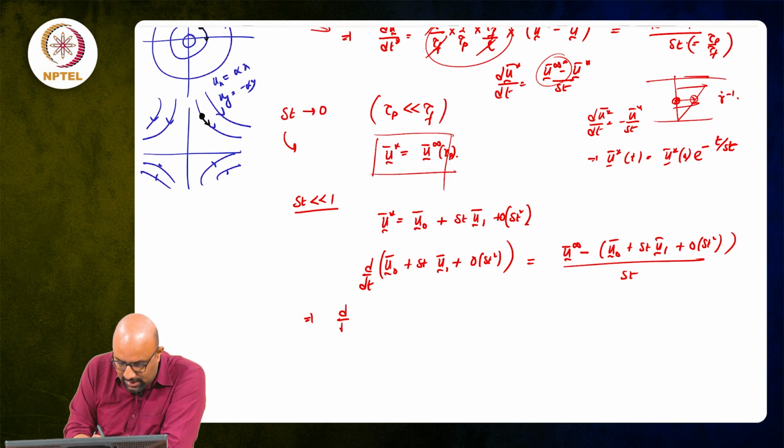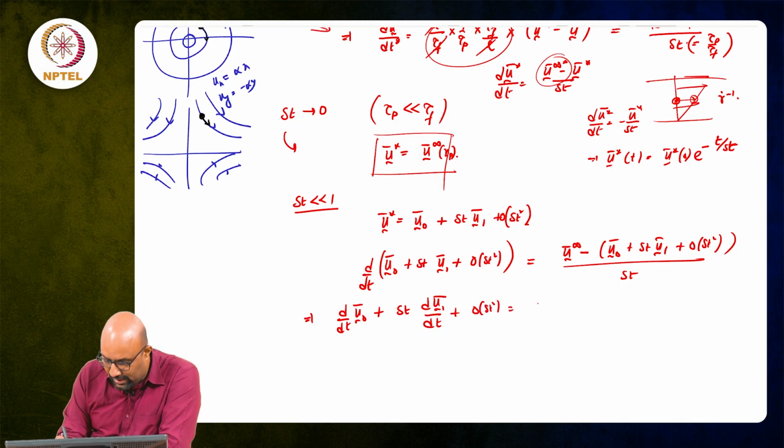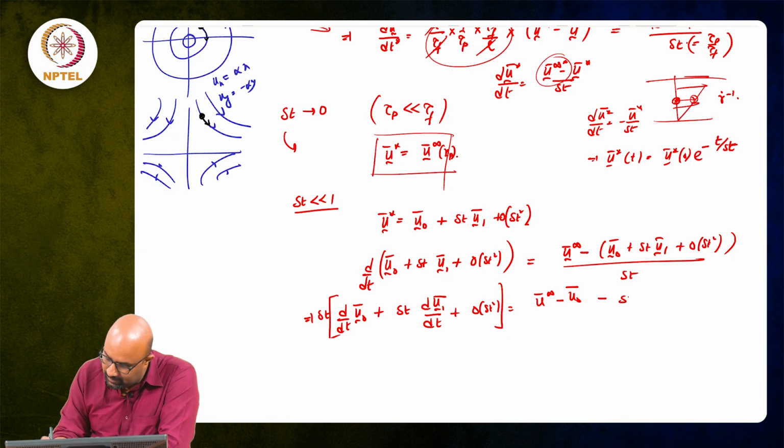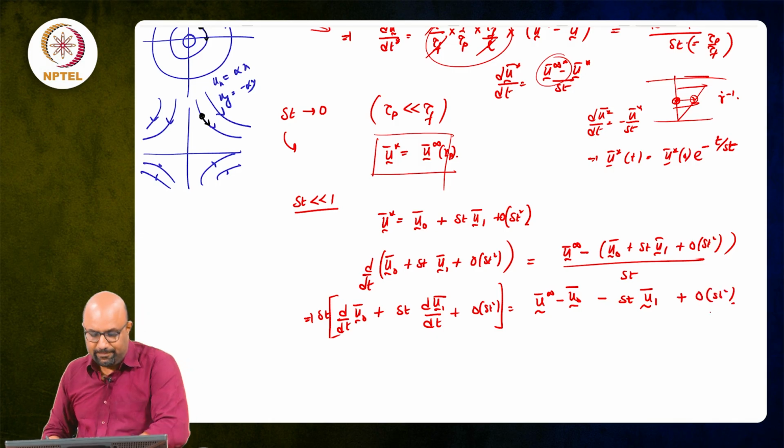So, this becomes d/dt of u naught plus Stokes times d/dt of u1, and then there is an order Stokes squared term. On the right hand side, I am going to have u infinity minus u naught, and what I will do here, I am going to multiply throughout by Stokes, so that I do not need to carry it in the denominator. So, then this is Stokes u1, and then there is an order Stokes squared term.